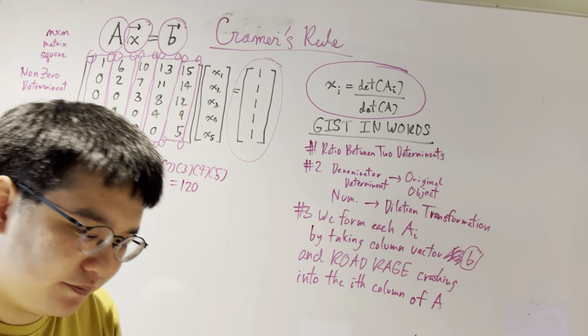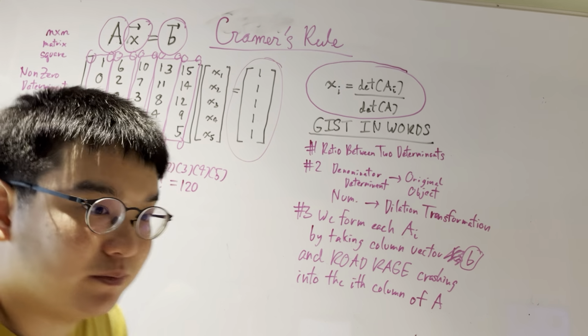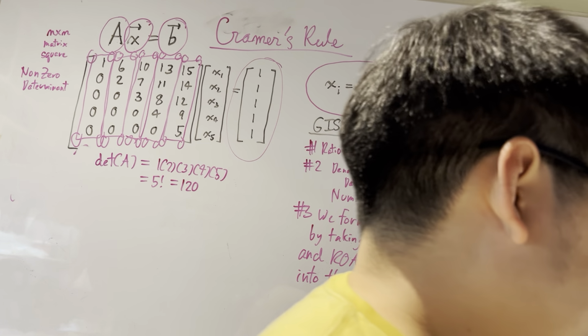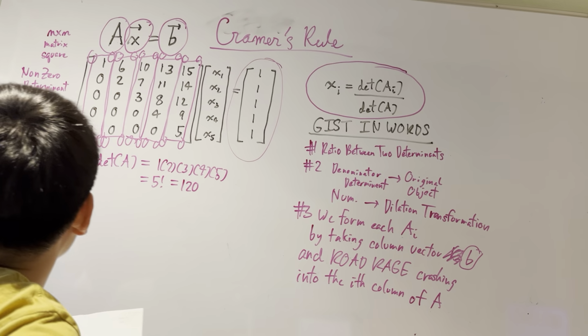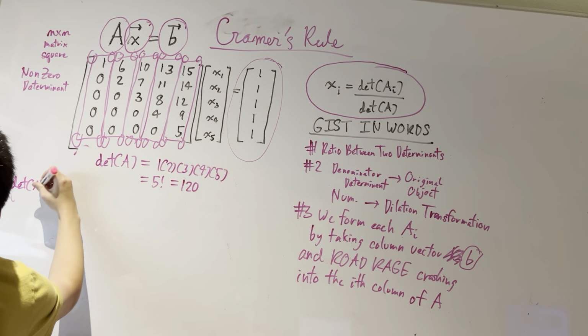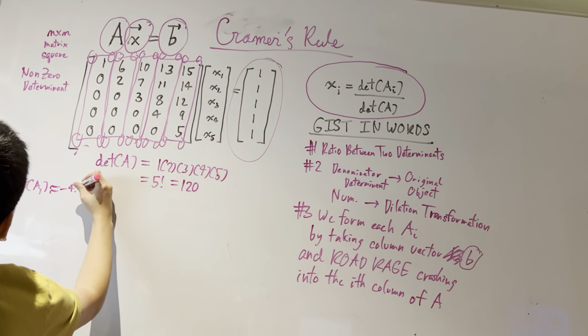So, oh shoot, I already erased the thing. But where was it? Negative 4.2. Okay, yeah. So I just ended up getting that the determinant of A1 is around negative 4.2.